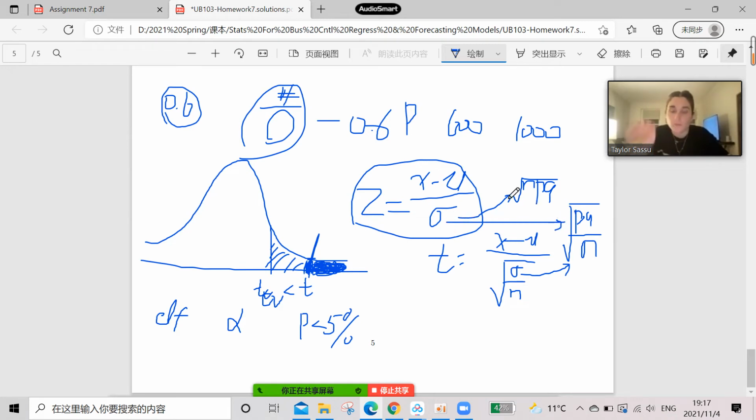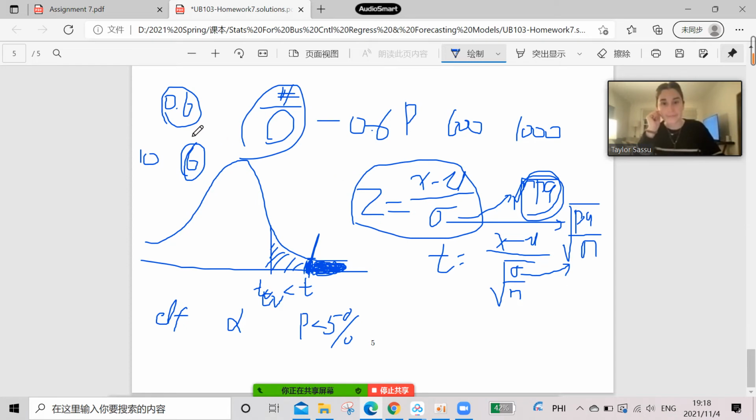You just need to remember two things. NPQ is the standard deviation for the number observed. Here I want to test a 0.6 probability, right? If I find 10 people, the expected number observed is 6. This 6 is a mean, and it has a standard deviation, which is the square root of NPQ, that is 10 times 0.6 times 0.4, square root.